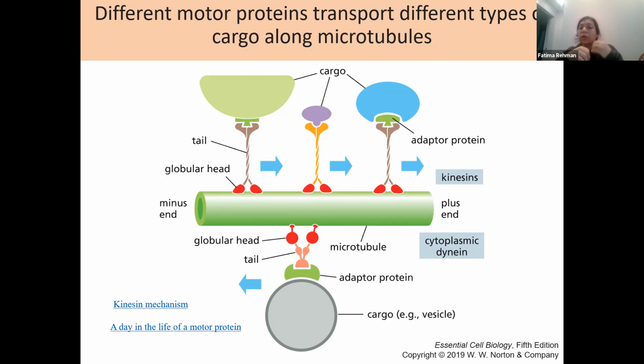Okay, so now the motor proteins don't have to carry the cargo by directly binding to it themselves, although many of them do that. And that's for two reasons, right? If each molecule that has to be transported needed a particular motor protein, you would need a very large variety of these motor proteins, one for each single molecule that needs to be transported.